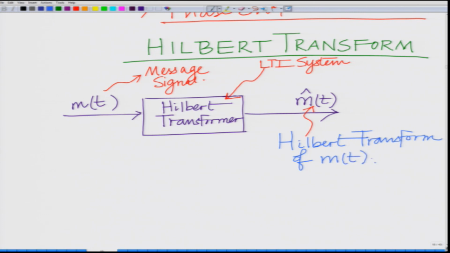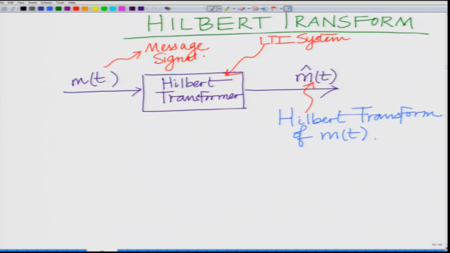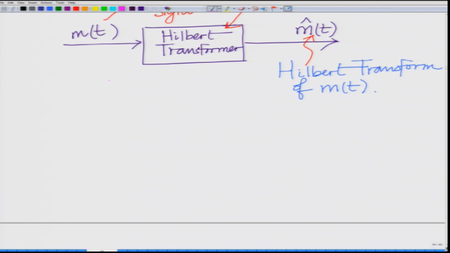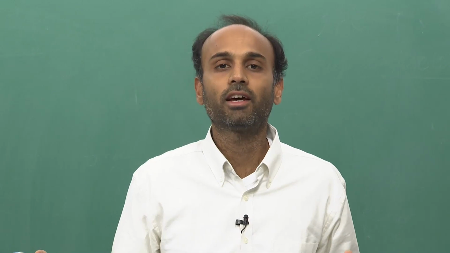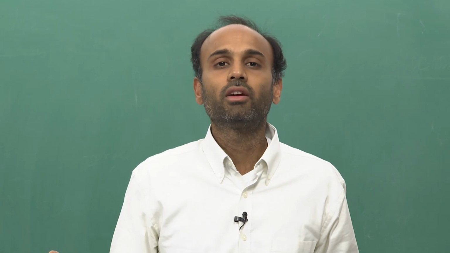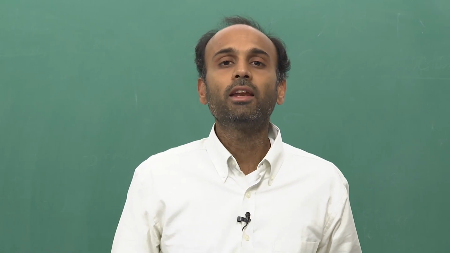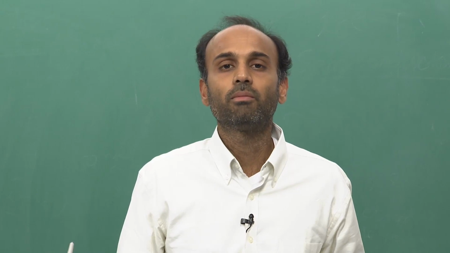m hat of t is the Hilbert transform of m(t), and this Hilbert transformer, you remember we said, is an LTI system, that is it is a linear time invariant system. Therefore, it is characterized by an impulse response, alright. Every linear time invariant system is characterized by an impulse response.